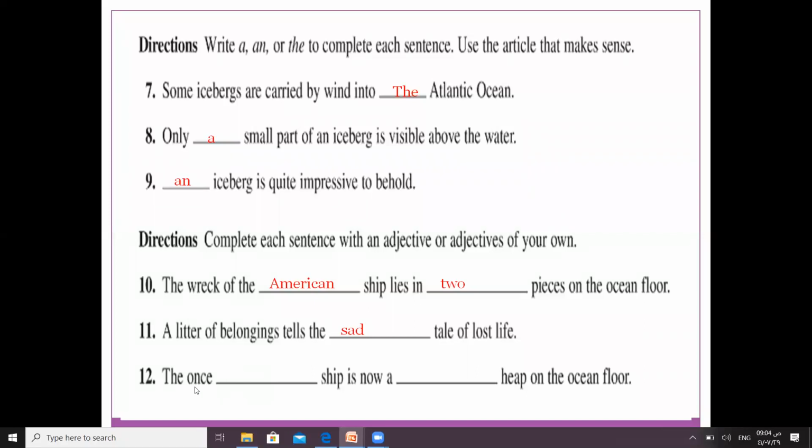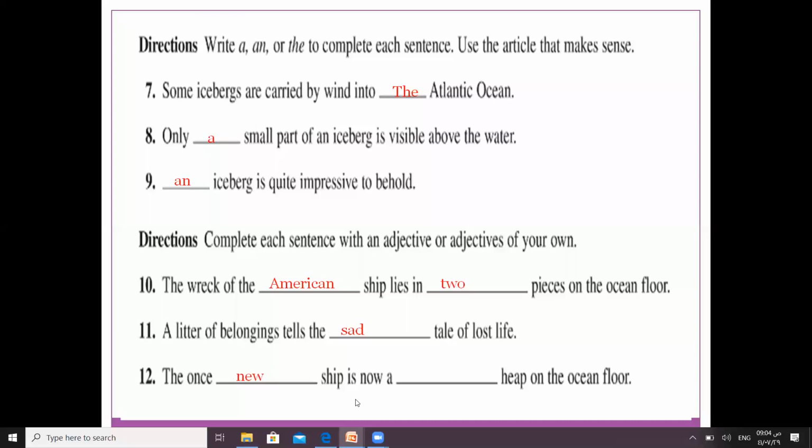Okay. The once great ship is now what? Ship on the ocean floor. Oh, you can, yes. For me, I use new. The once new ship is now what? Damaged, broken, something.